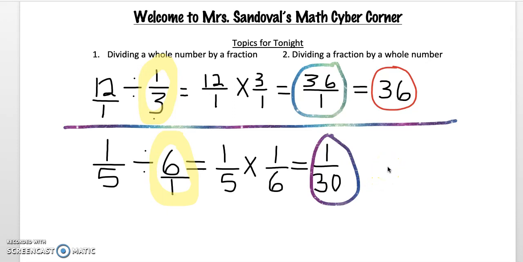The next topic that we will be seeing in the next video will be multiplying a fraction by a whole number and multiplying a whole number by a fraction. One way that I would make this topic more challenging for my GT students would be to introduce division of a whole number by a non-unit fraction.